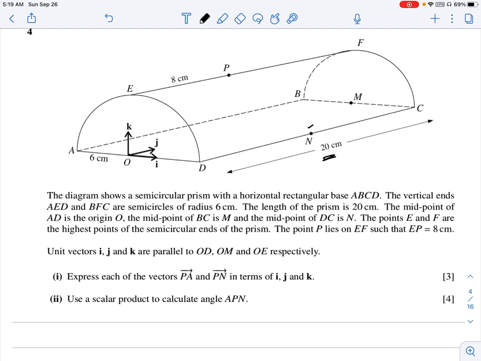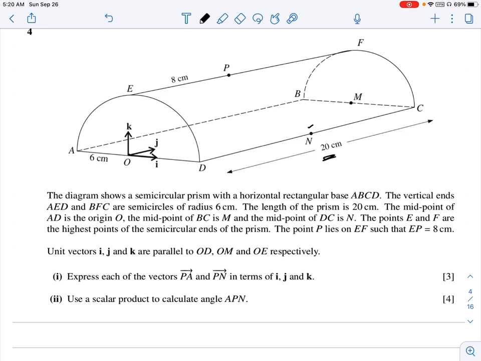EP is 8. Unit vectors I, J, K are parallel to OD, OM, and OE. Find the vector PA. So I have to get P to A.